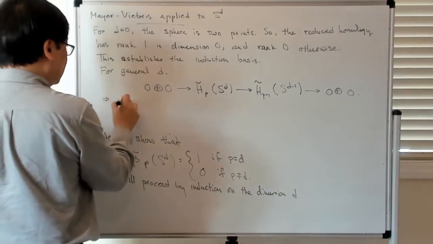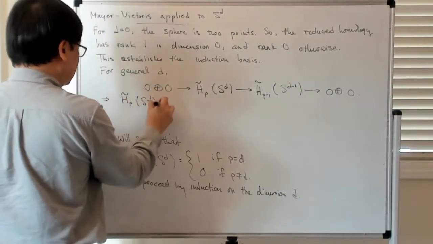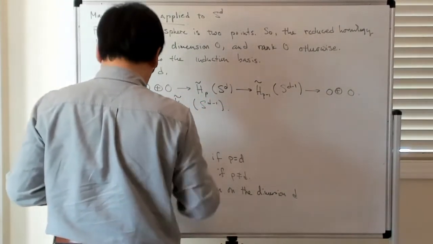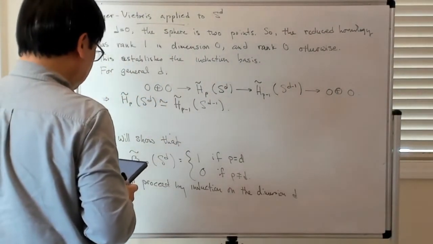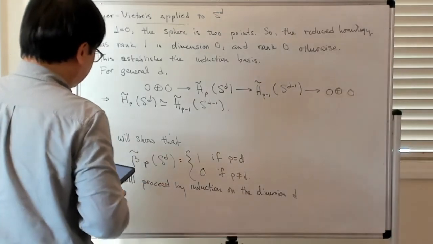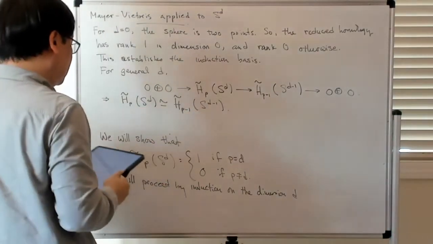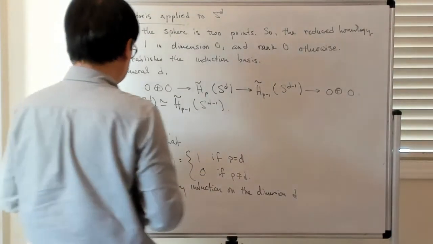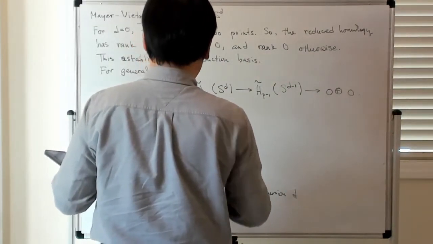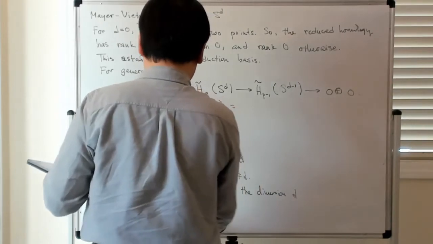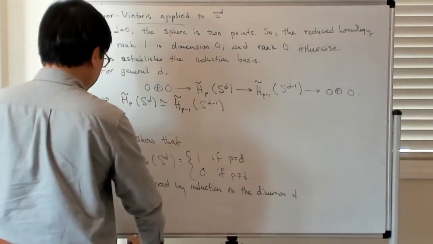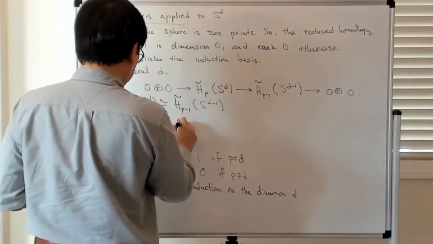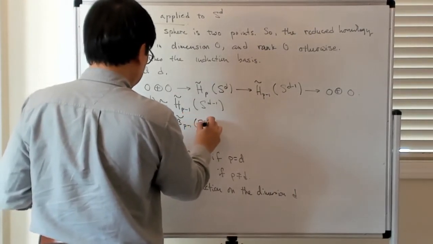This means that H_p tilde of S^d is isomorphic to H_(p-1) tilde of S^(d-1). Taking the rank, this means that beta_p tilde of S^d is equal to beta_(p-1) tilde of S^(d-1).